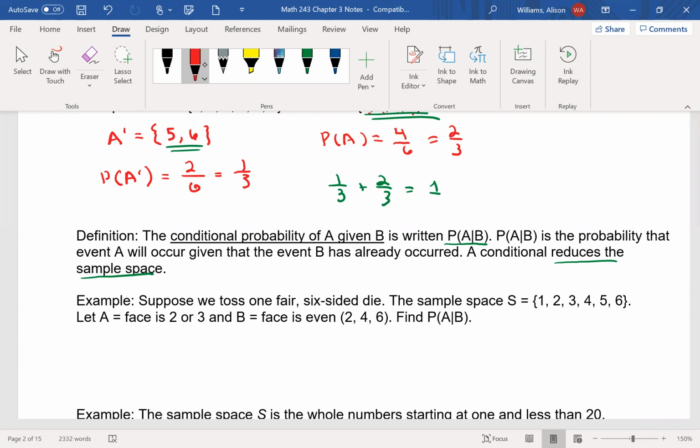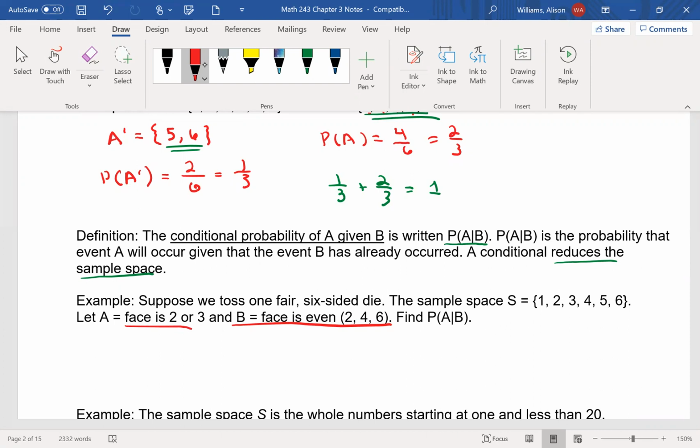So what that means is we're saying B is going to happen, meaning I'm telling you, whatever the die rolled, it's coming out to be an even number. So I'm telling you, it's got to be one of these possibilities: a 2, 4, or 6. Now I'm asking, what's the likelihood then that A is going to happen? That we get a 2 or a 3?